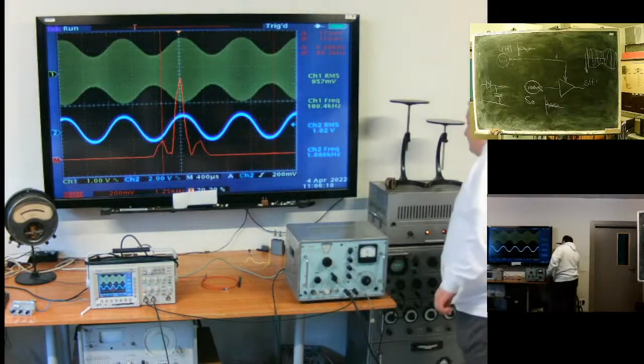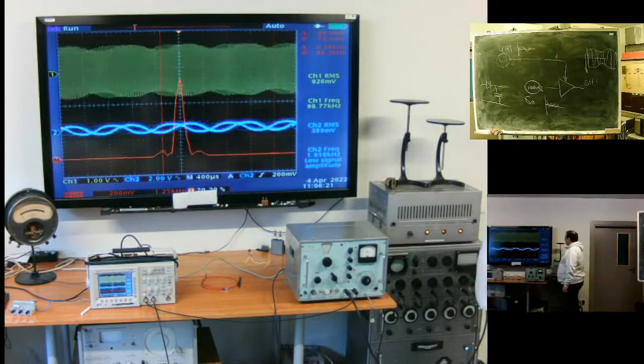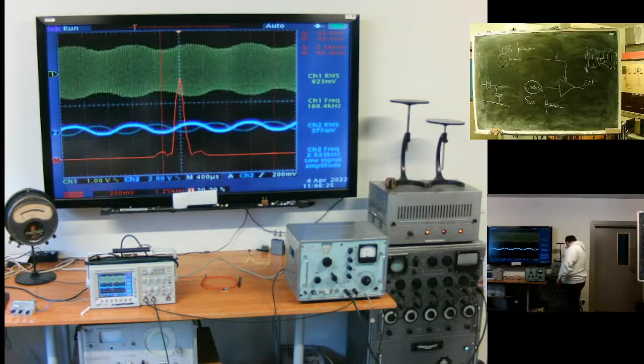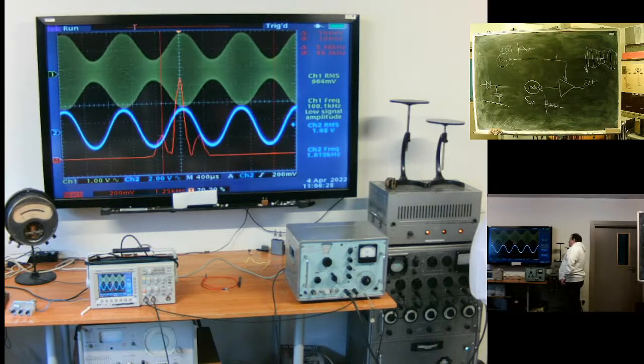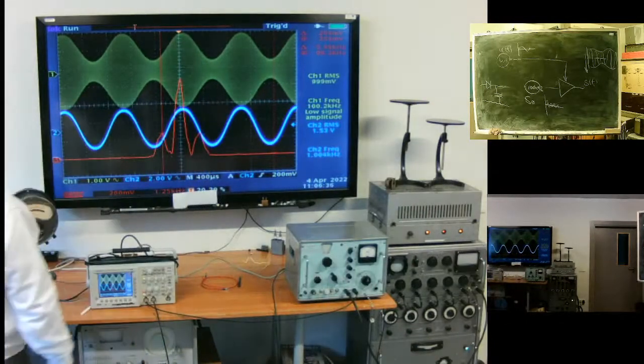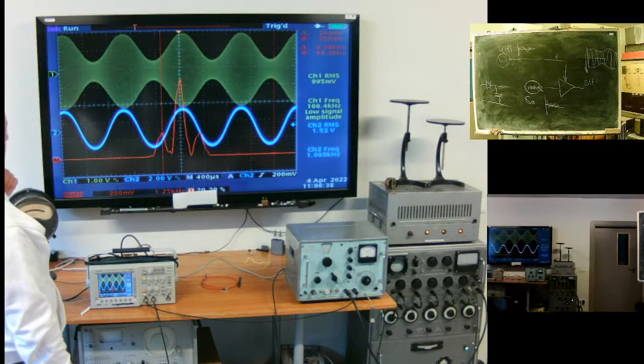Let's change it. The central one remained, these two nearly disappeared. Now they're growing. We see an interesting thing about amplitude modulation.